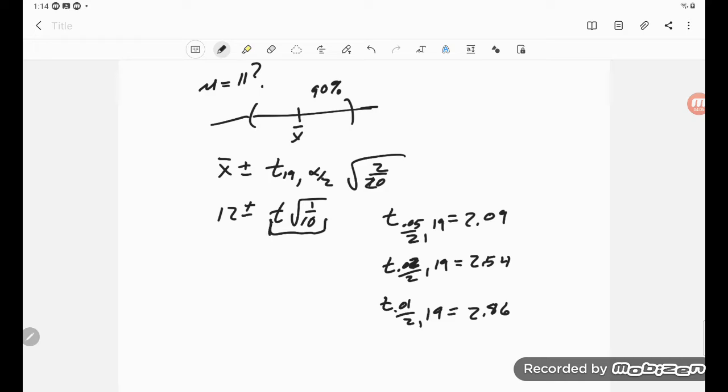Now, what I need is for this number to be bigger than 1, because I want to get to 11, so that would be 12 minus 1 is 11.